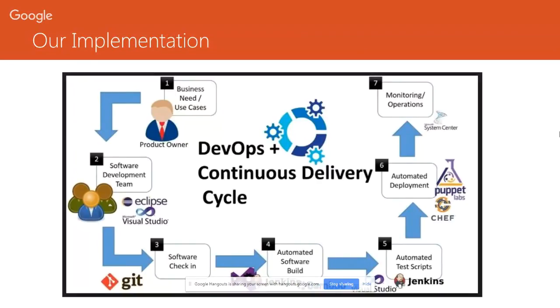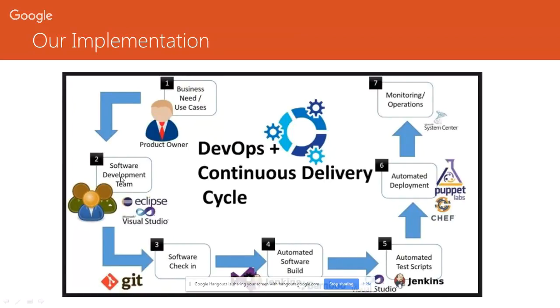So what this implementation talks about is we have a product owner who understands the business need and the customer user stories. It's the job of the product owner and the business analyst to translate those requirements to the dev team.